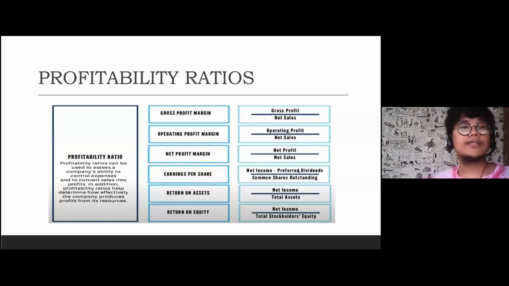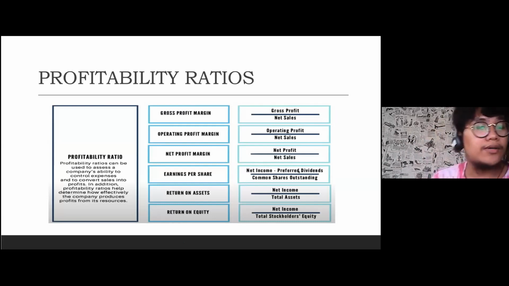By the way, the higher the gross profit margin, the better. Same goes with your OPM. Kapag mataas si OPM mo, the better. Same with your net profit margin. Net profit margin is calculated by dividing your net profit over your net sales. Sabi natin, kapag mas mataas si net profit margin, mas maganda.